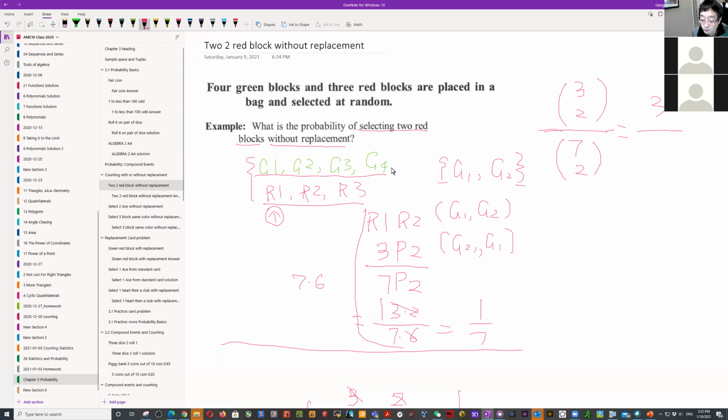And 7 choose 2 is 7 multiply 6 divided by 2, and that's going to be 21.